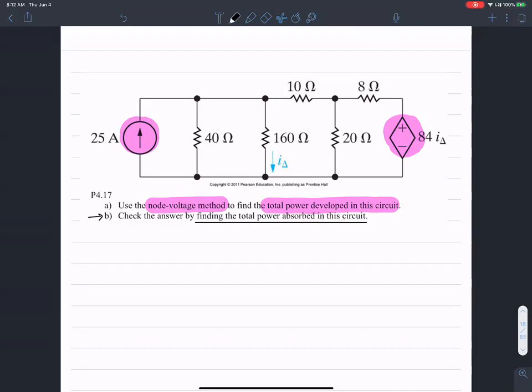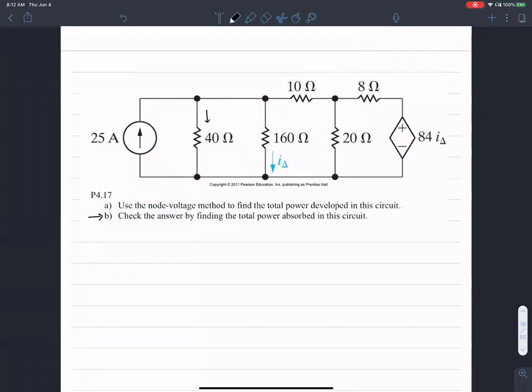So we have to pay particular attention to passive sign convention, the idea that the power sources could be delivering or absorbing power. In order to do that, the first step would be to find all the currents.